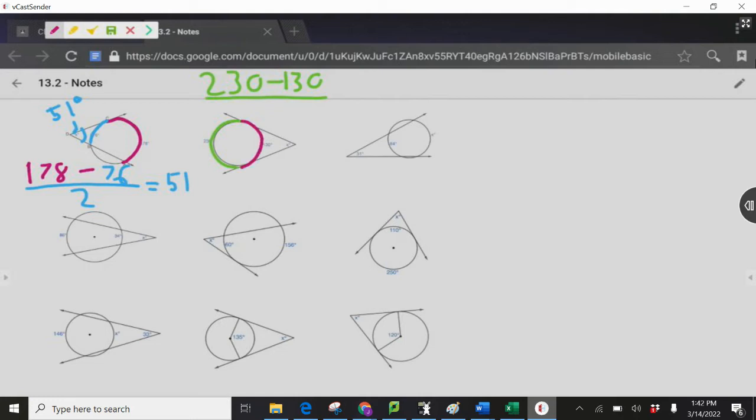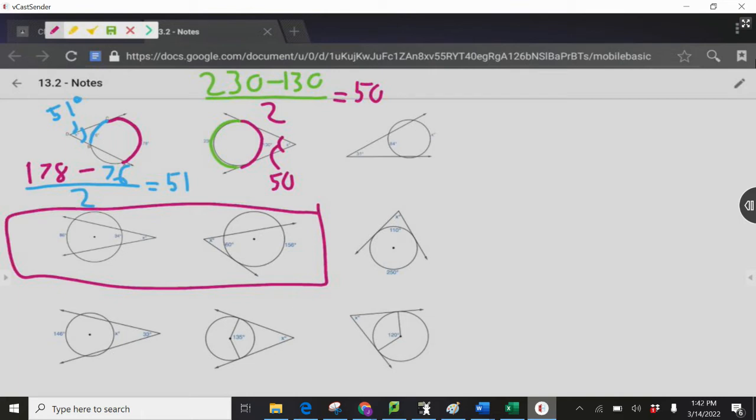That's going to give me 100, and 100 cut in half will give me 50 degrees for my angle there. I'll tell you what, try out the 2 below it there. Try those 2 out, see where that takes you. I'll put them up on the screen as you go through them, but you should be able to work those 2.